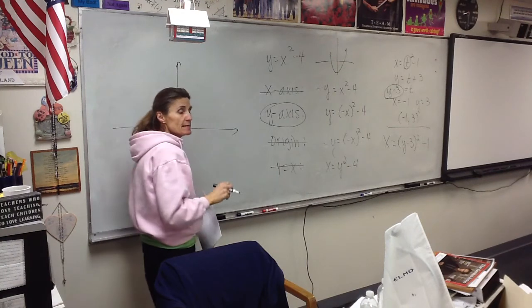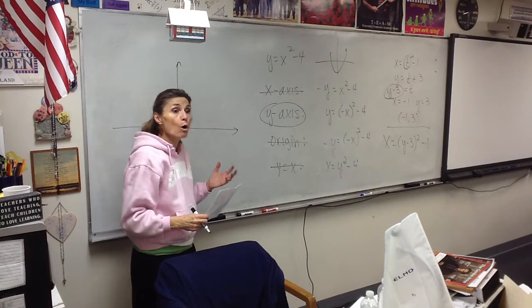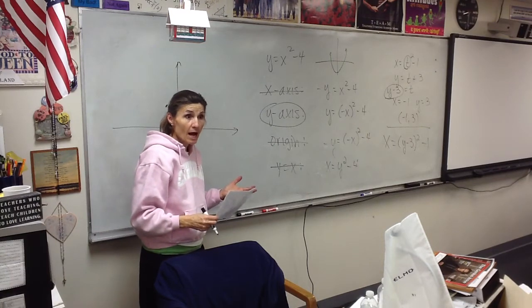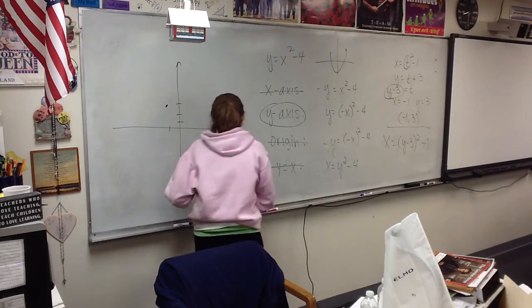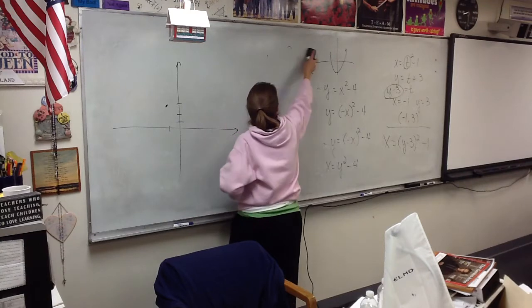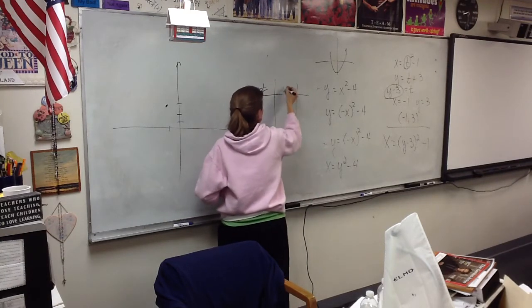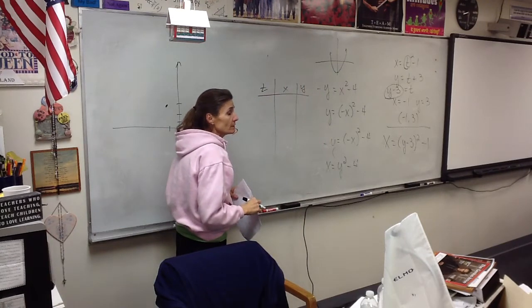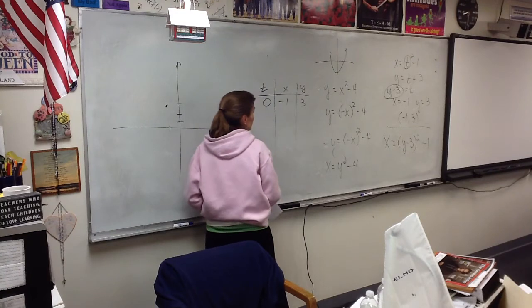You put in T equals 0, right? So if I wanted more points, I could put in other numbers for T. So you might think about making a T-chart, literally a T-chart, where you have values of T and then X and Y. So you already did this one.